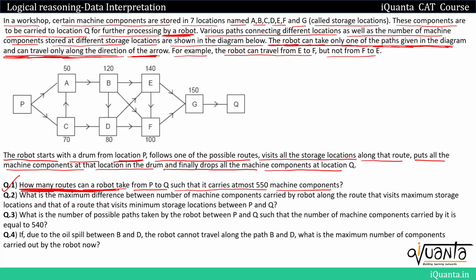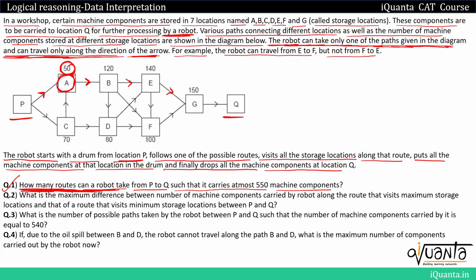For example, if the robot is going through the path A, B, E and then G, so he'll reach Q after that. He started from P with a drum, he comes to A, okay, because this is the direction of the arrow. He comes to A, puts these 50 components into his drum.